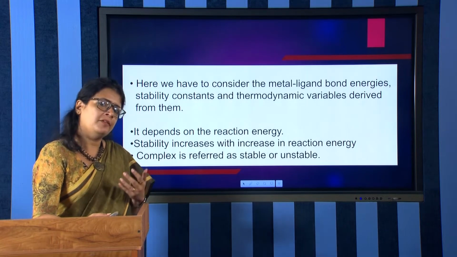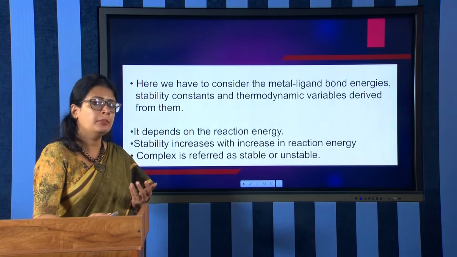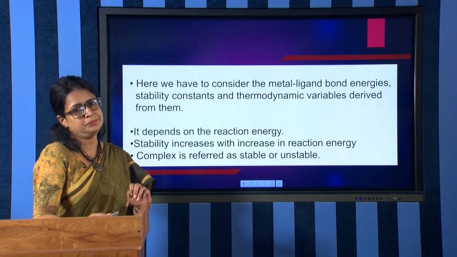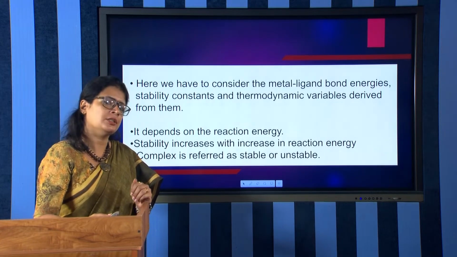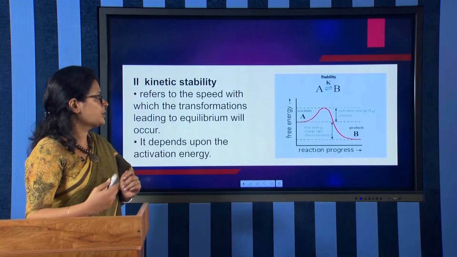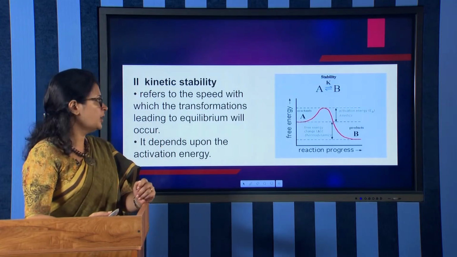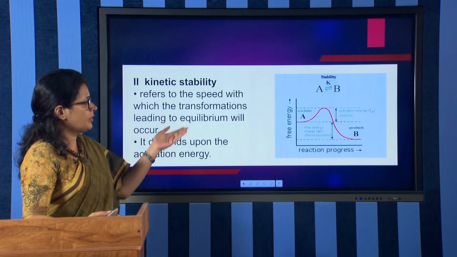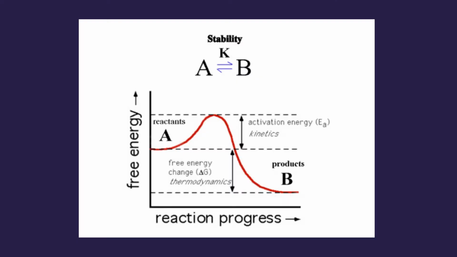Here we refer to complexes as stable or unstable. And what is reaction energy? See this figure, this is the reaction progress, where reactants combine to form the products, and there is an energy difference between the reactants and products.